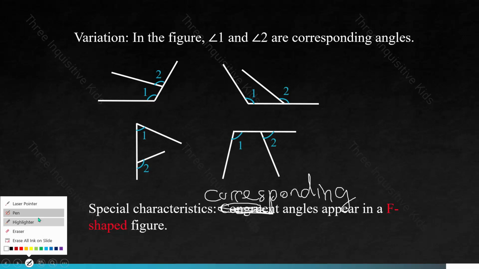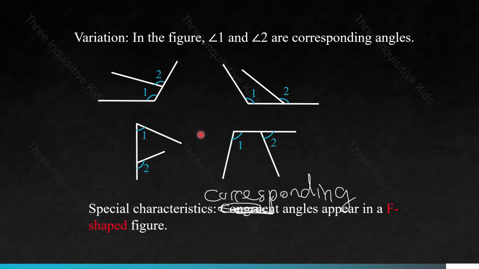So see how each of these figures here kind of look like the capital letter F. So whenever you're given a geometrical figure and you want to see if there are any corresponding angles that you can spot, look for signs of an F-shaped figure like this, where two lines are both intersected by a third line.